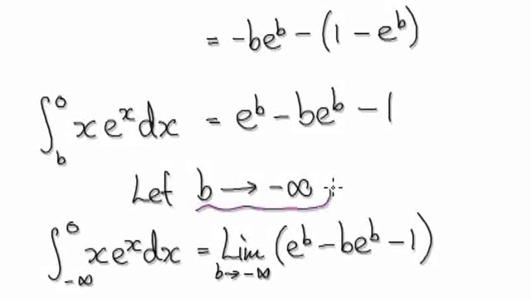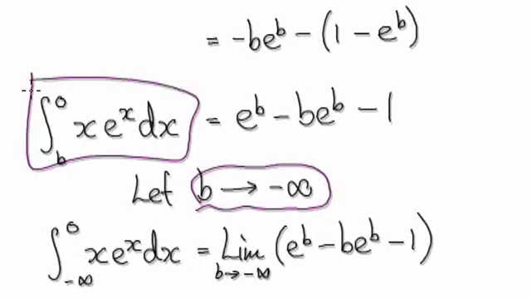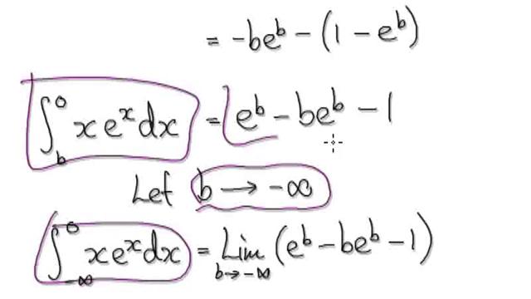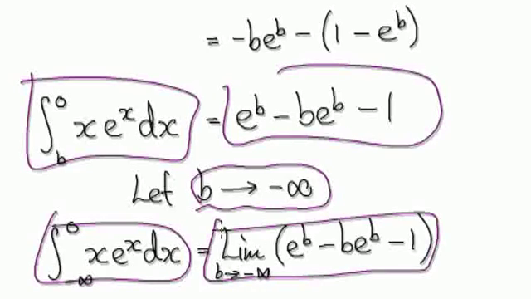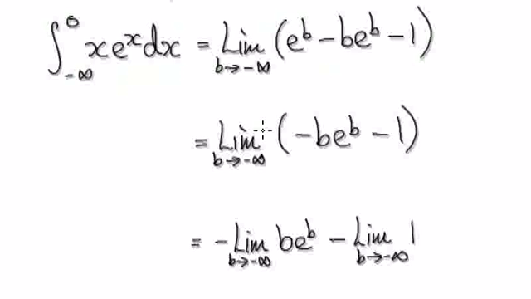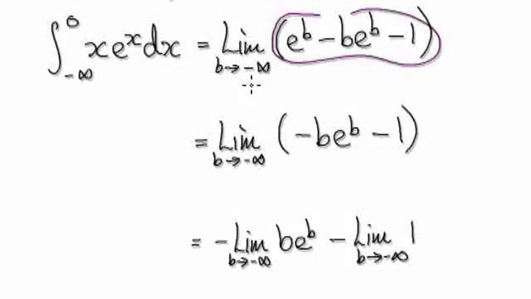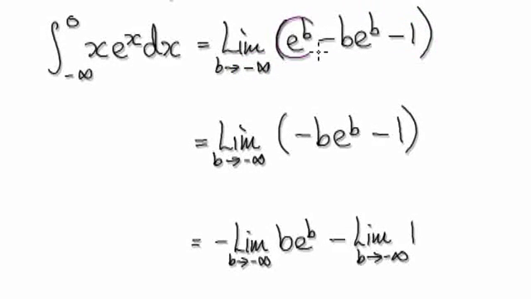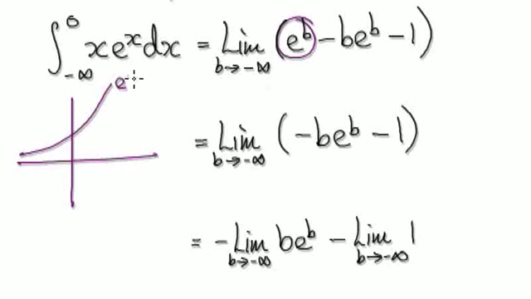So the minute you let B head towards negative infinity, this thing becomes this, and this thing becomes this thing. Okay? So now look at this here. As B heads towards negative infinity, e to the power of x looks like this.